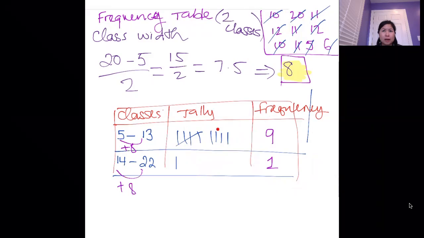You should do the tally, otherwise you're not going to remember how many values belong to the first class and how many belong to the second one. So you cross one out and put it over here. Right, so I hope this helps, and this is how you should create a frequency table.